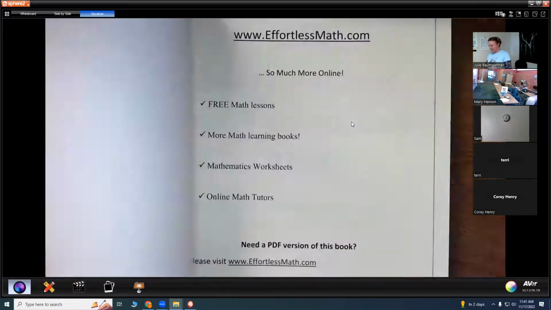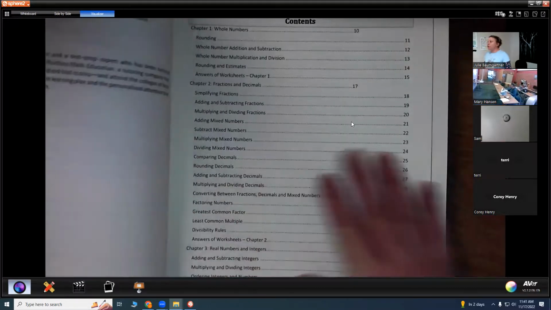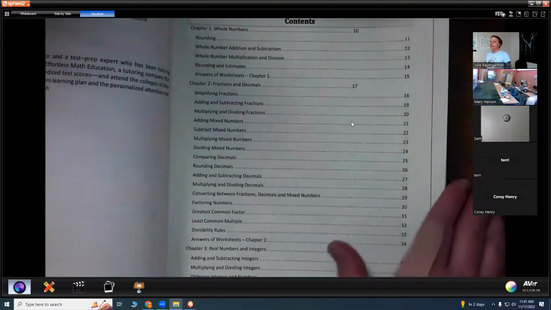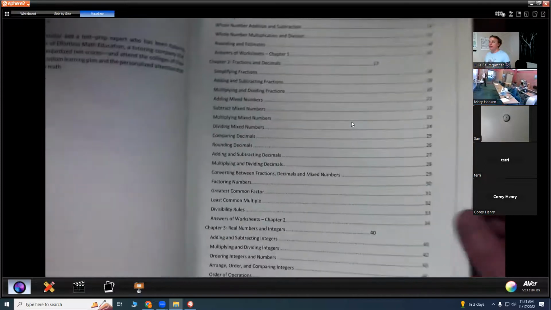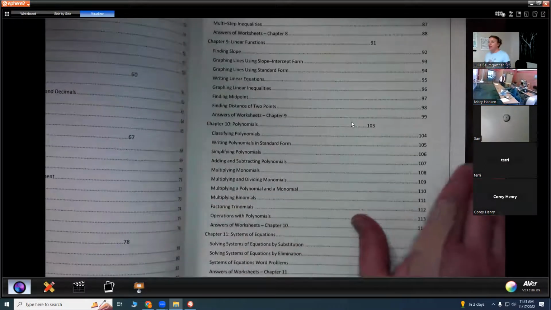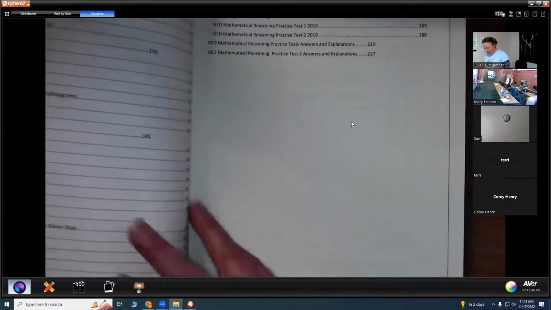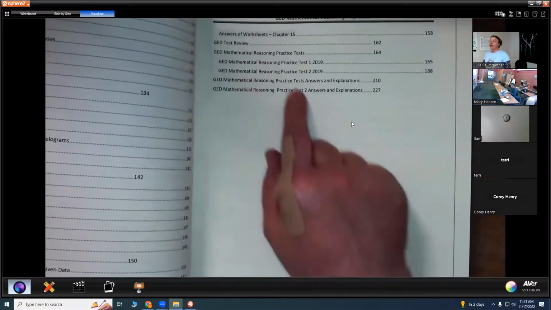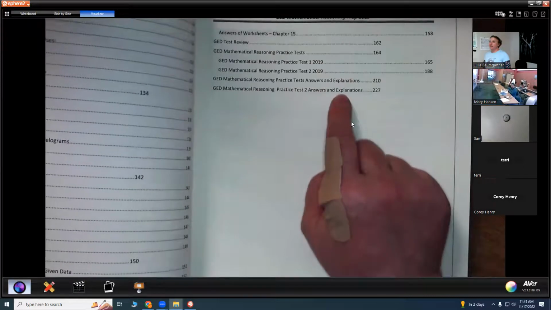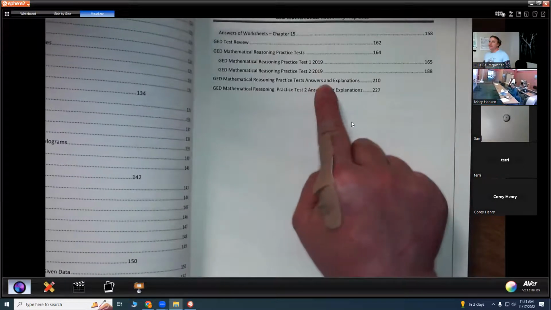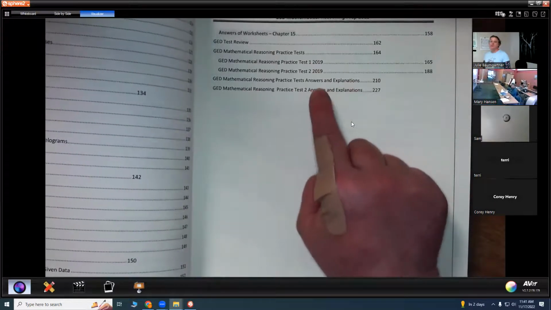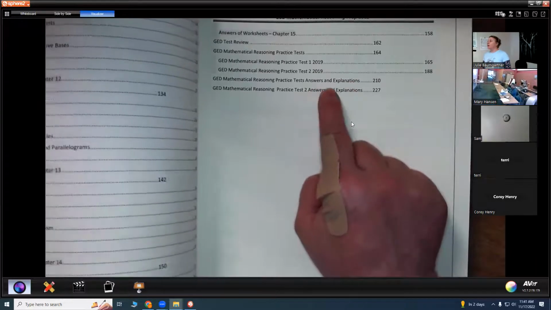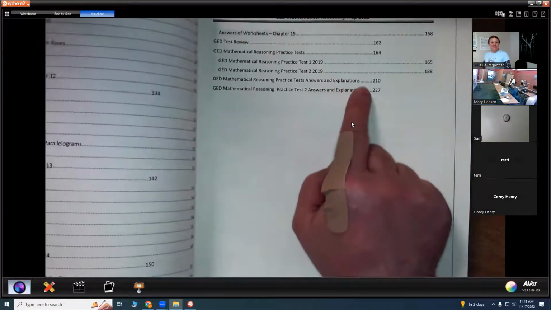You jumped in a very cold pool, but I like this book. It covers basically all of the math that you'll need to know for the GED test, which is a lot. It also has some practice tests, and it's always nice that they give explanations for the answers, because I've learned a lot from those.